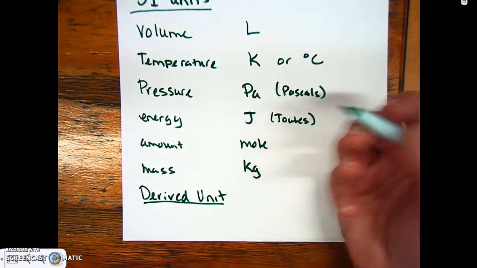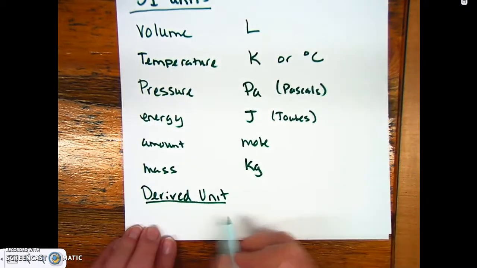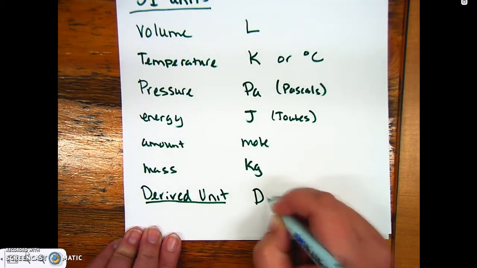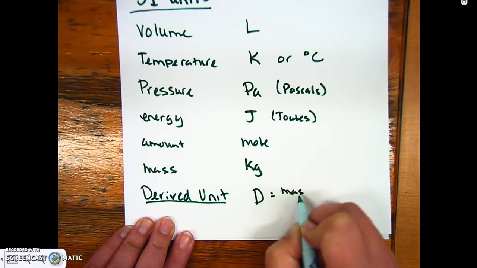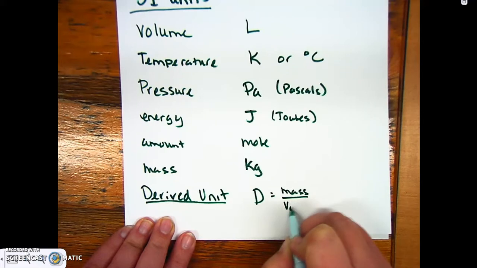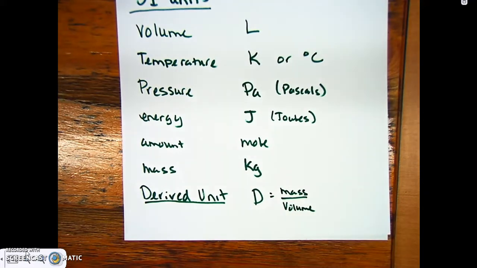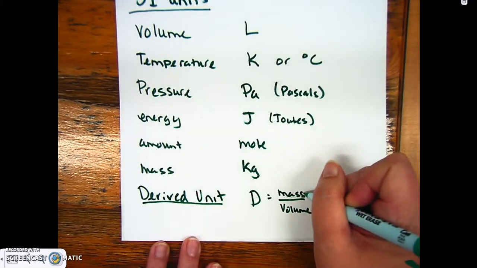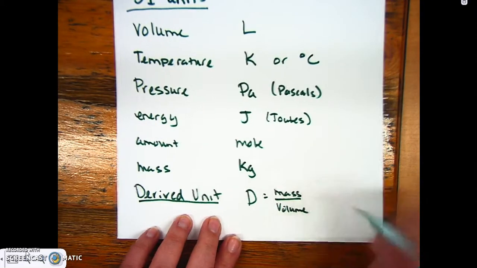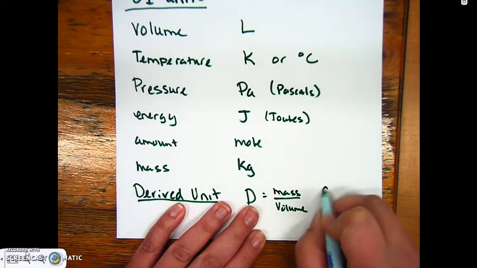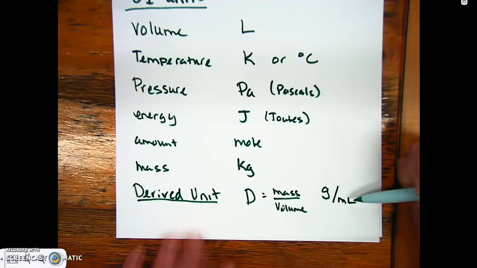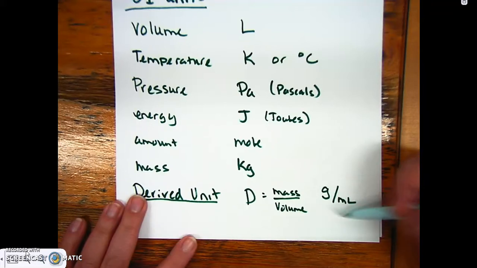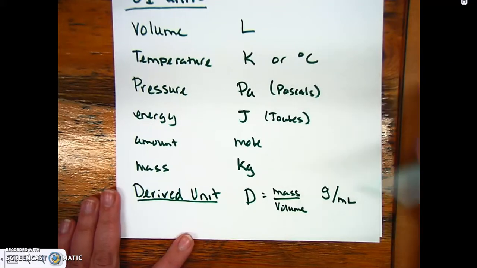The derived unit that we looked at already in the density video is density equal to mass divided by volume. So what is the unit when we're looking at density? Well, it would just be the unit for mass divided by the unit for volume. What we used in here was grams per milliliter. That tells you how much mass per unit space, right? So this is a derived unit where we're comparing more than one unit.